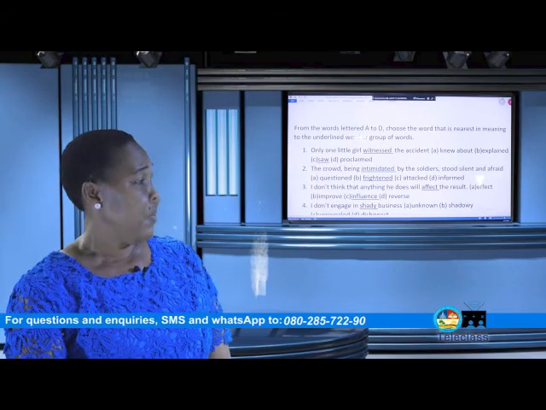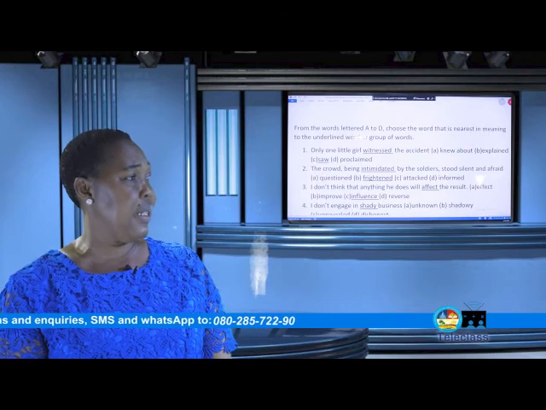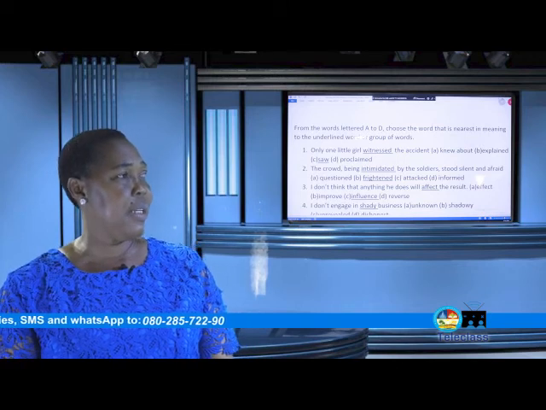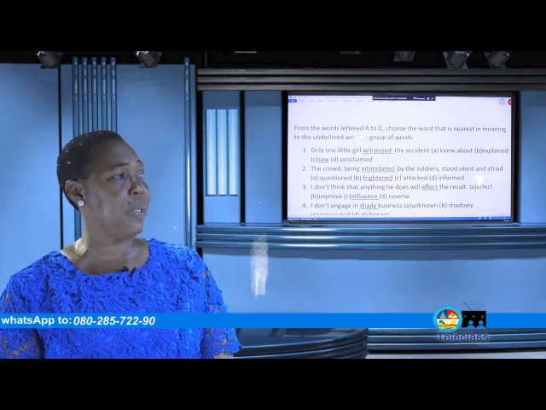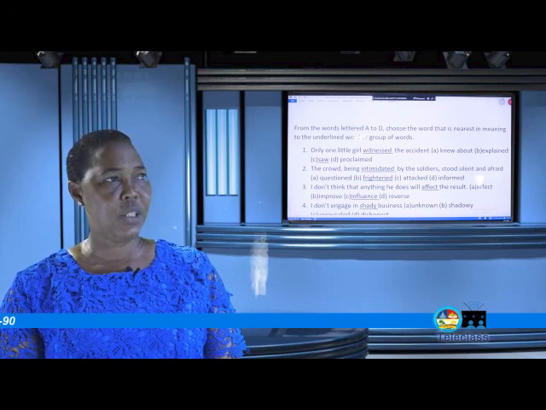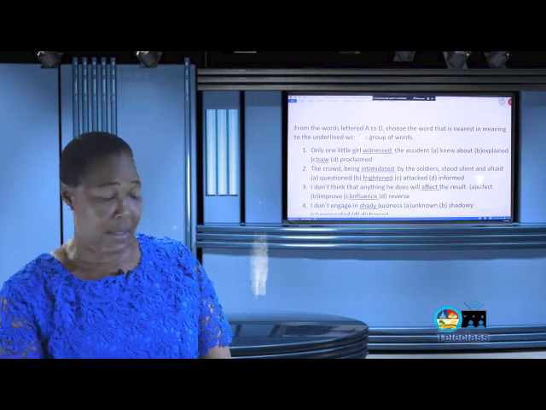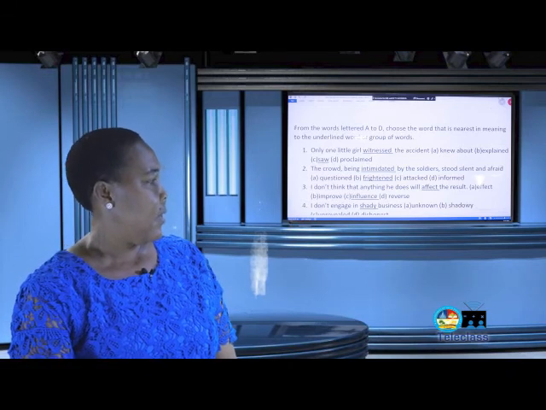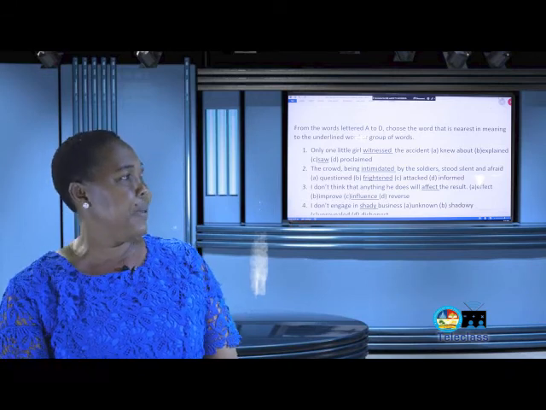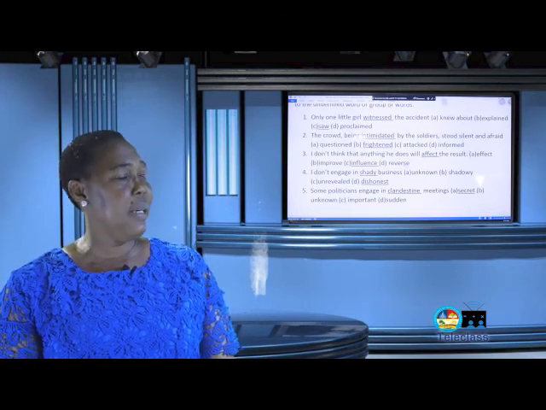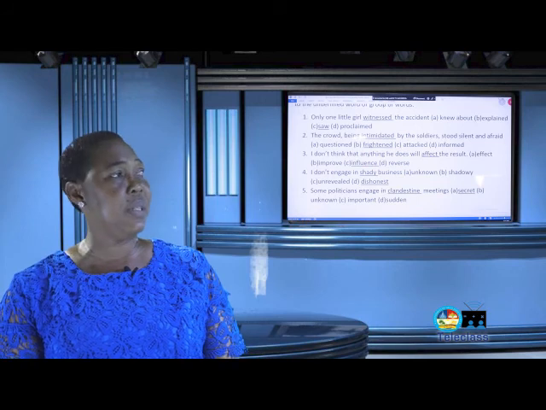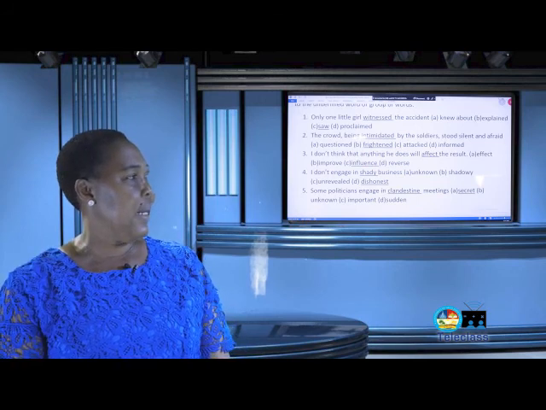Then 4. I don't engage in shady business. Shady is underlined. So let's look at the options. A. Unknown. B. Shadowy. C. Unrevealed. D. Dishonest. So the answer is dishonest, which is D. Then the last one.